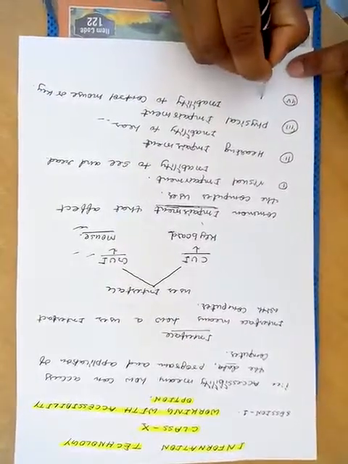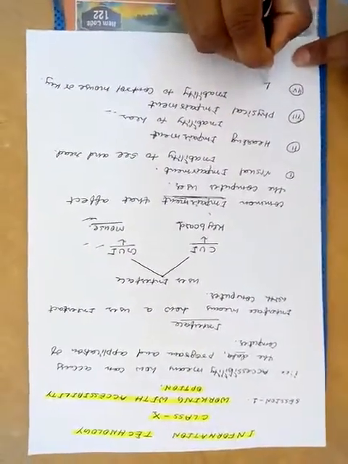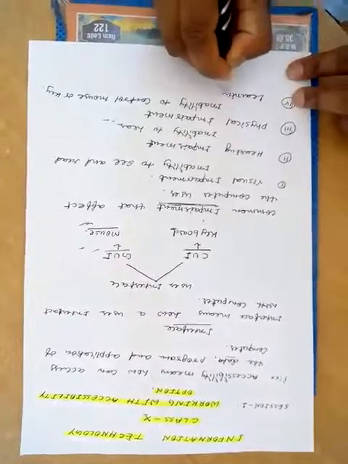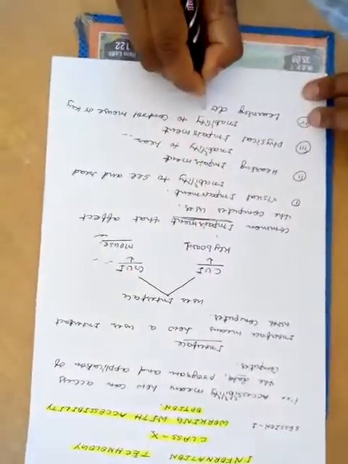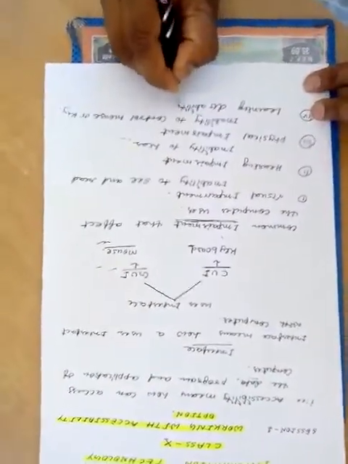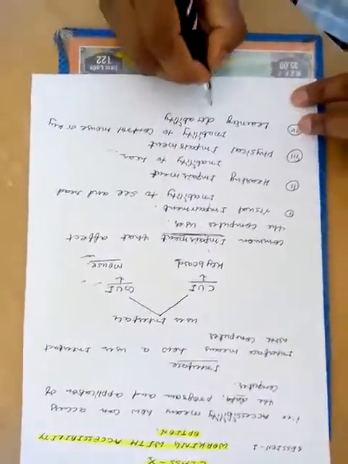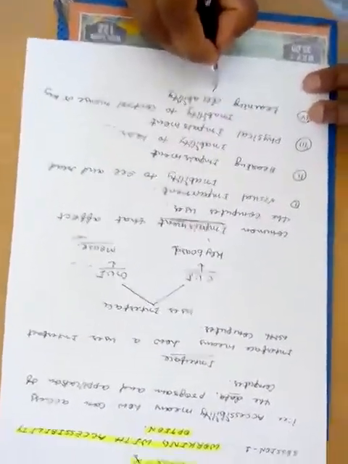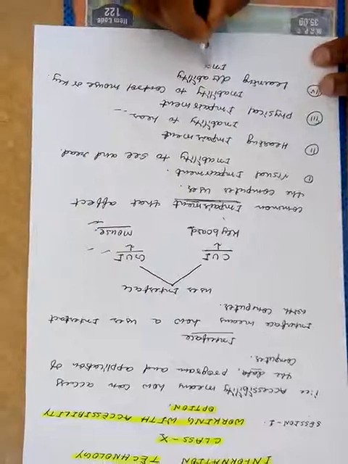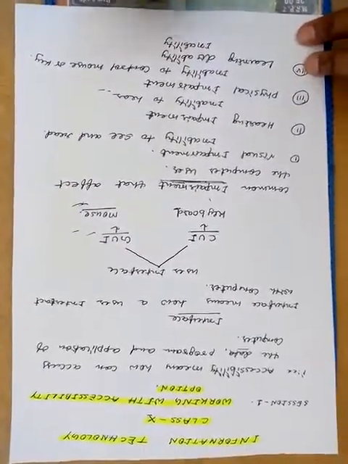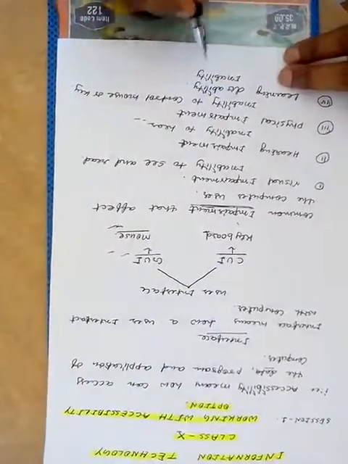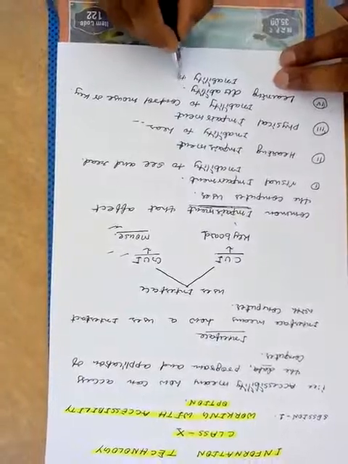And next is learning disability. If we talk about learning disability, then we can say that it is the inability to read.